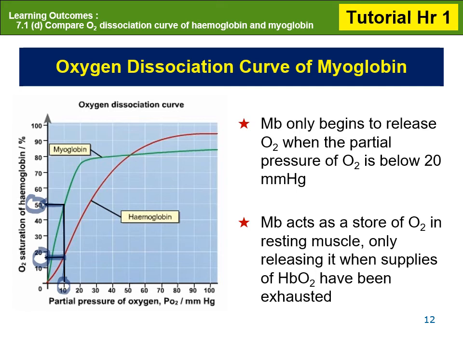So here myoglobin acts as an intracellular storage for oxygen, to ensure that aerobic respiration continues for as long as possible before anaerobic respiration takes over. Okay, so myoglobin here, kalian lihat, acts as a store of oxygen in resting muscle, only releasing it when supply of oxyhemoglobin has been exhausted.